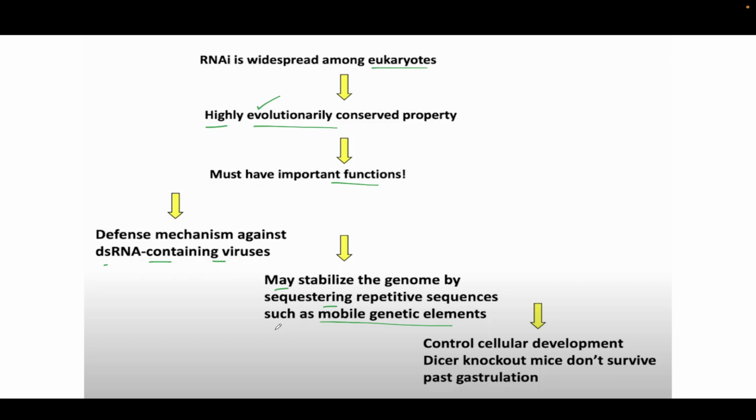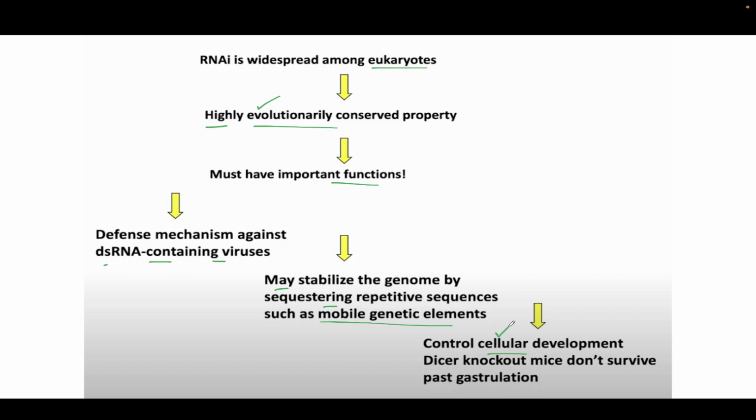So they also help to stabilize the genome by sequestering the repetitive sequences. Okay, and control cellular development. Dicer knockout mice don't survive past gastrulation. Control cellular development is one important function of this RNAi.